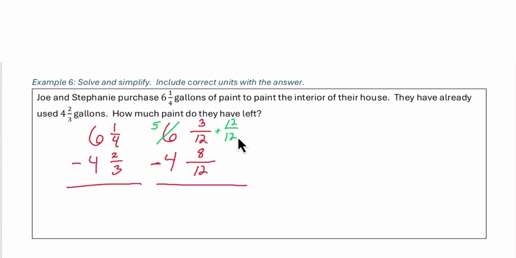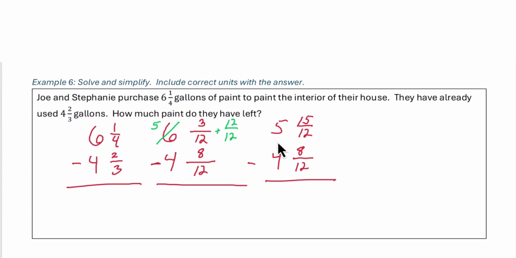The reason we write it this way is we need a common denominator of 12. So now, bringing this 5 over, we have 5. We're rewriting this as 3 plus 12, that's 15/12, minus 4 8/12.